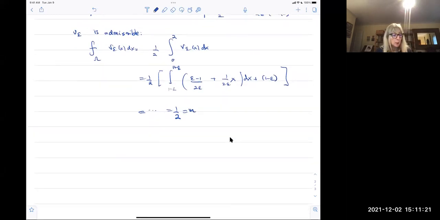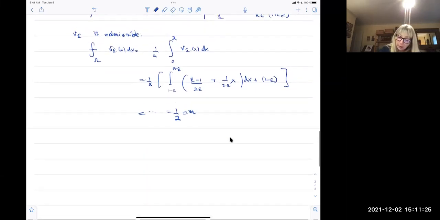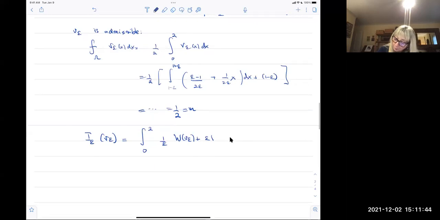Okay, that's a simple calculus 1 integration. Then you're going to calculate the energies of these fields and what you get. So you have the integral between 0 and 2 of 1 over epsilon W of the epsilon, plus epsilon, well, in this case, it's the derivative v epsilon prime squared, right?